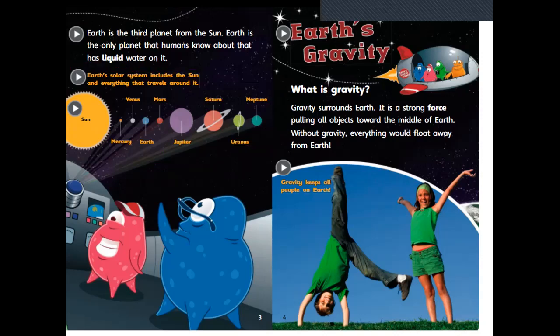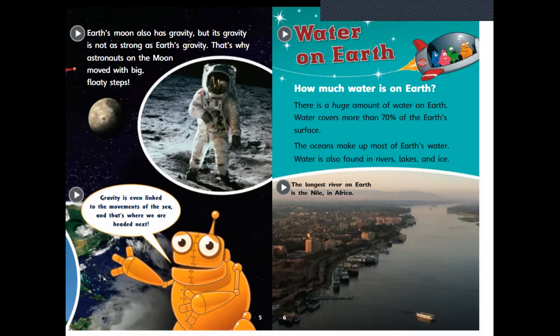I want us to focus our attention on page 5. What details about Earth's gravity does the author include on page 5? And are these details in the words or in the pictures?